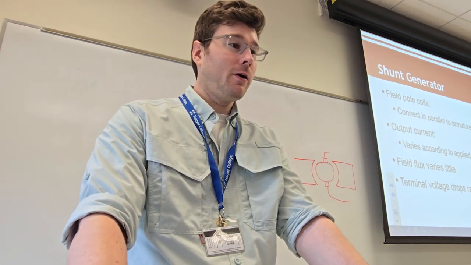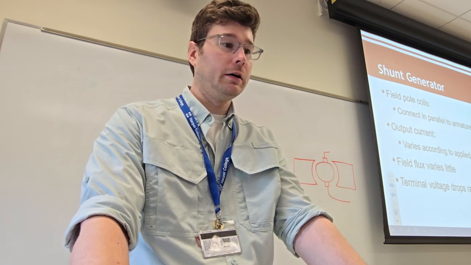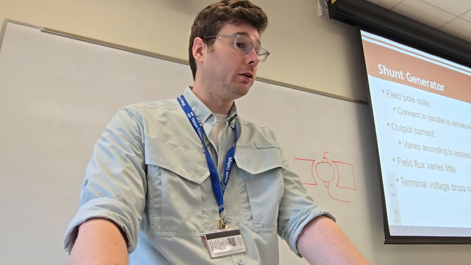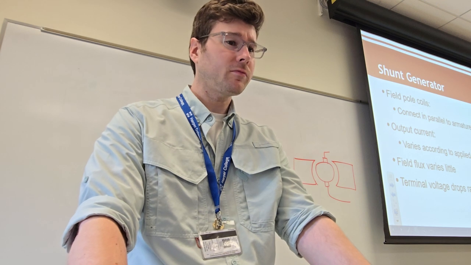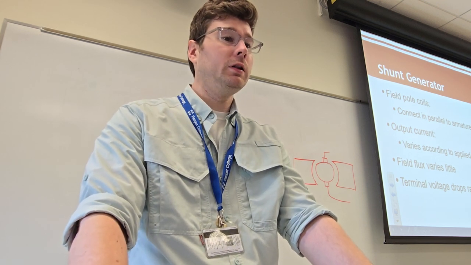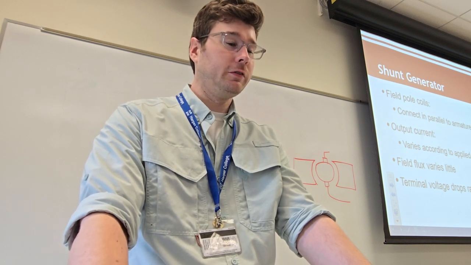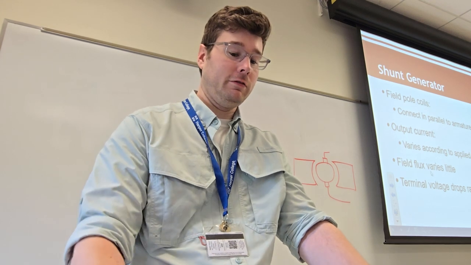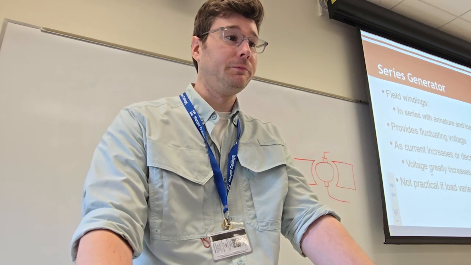However, the field flux varies relatively little, so output voltage is relatively stable, which is pretty nice. However, big downside, the terminal voltage drops rapidly when we overload the machine. So it is very sensitive to the load that's applied, even if the field flux varies very little.